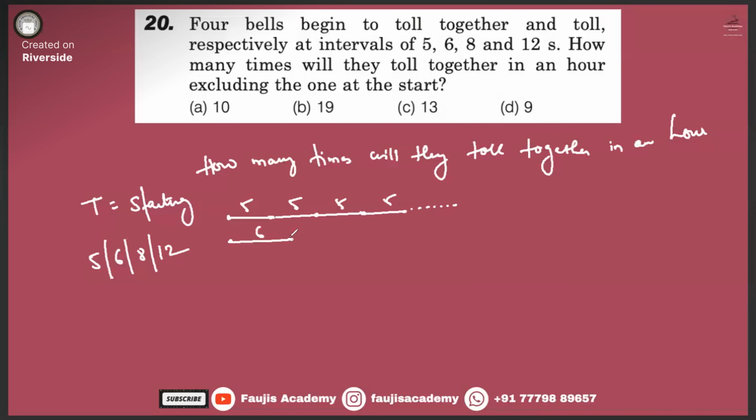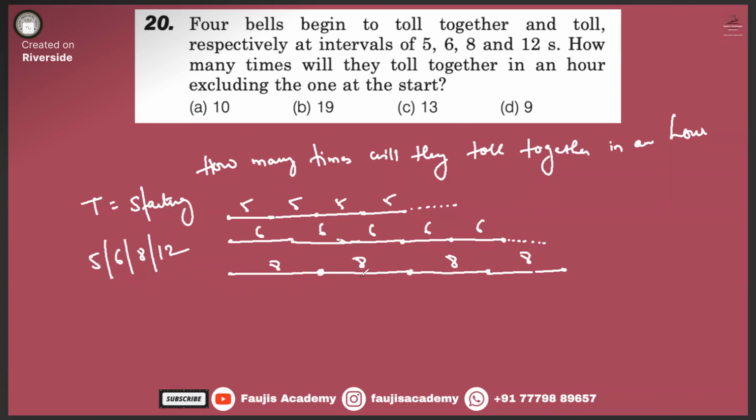This will toll at 6 seconds, then another 6 seconds, and so on. And this one will toll at 8 seconds, then another 8 seconds, and likewise. This one will toll at 12 seconds, and something like that. At what exact time will they toll together?